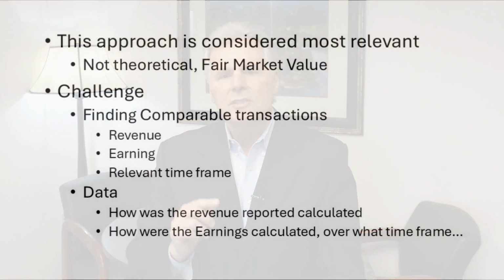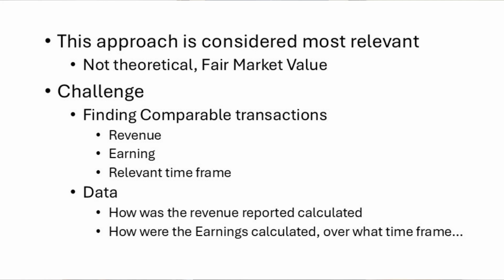And to do that, you need at least 5 to 7 data points that are pretty similar. And by similar, I'm talking about revenue size, amount of seller's discretionary earnings, or EBITDA.